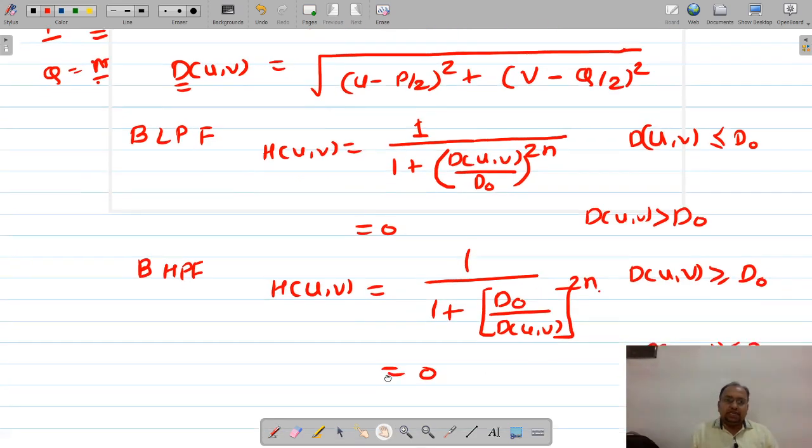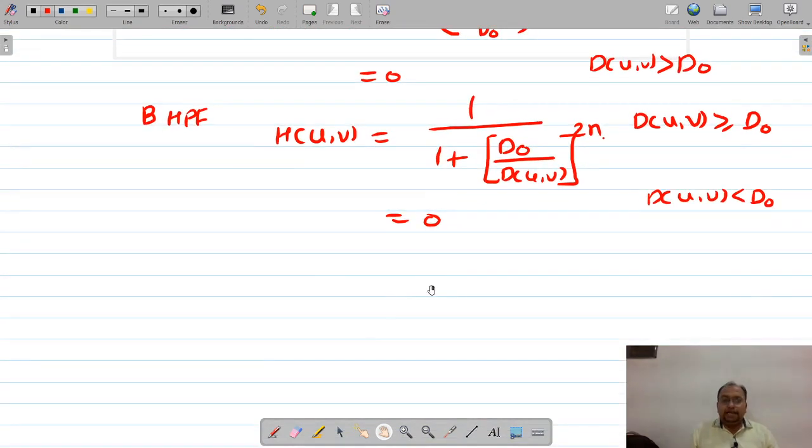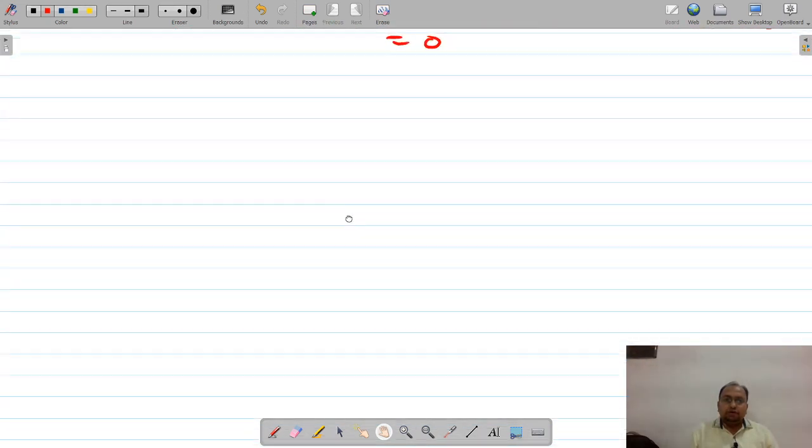Now these are the ideal low pass filter, ideal high pass filter, and Butterworth low pass and high pass filters. Now let us discuss Gaussian filters.